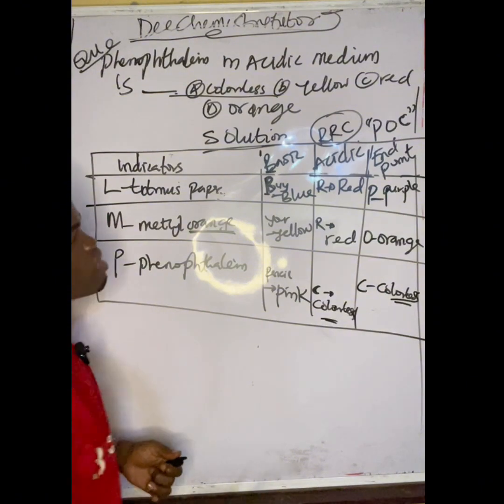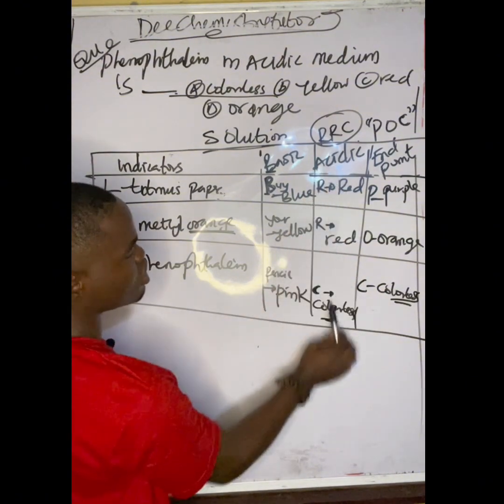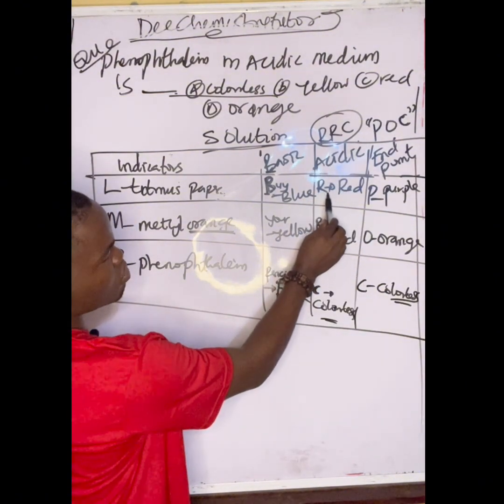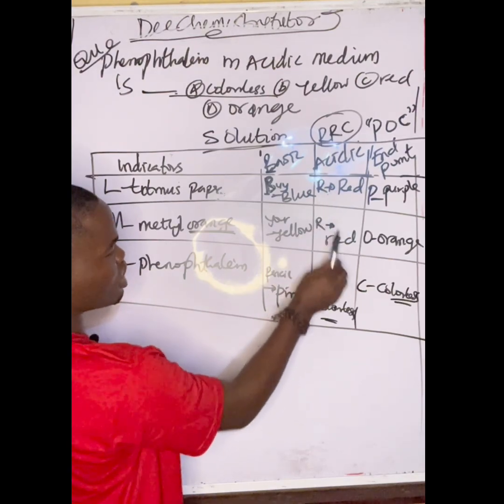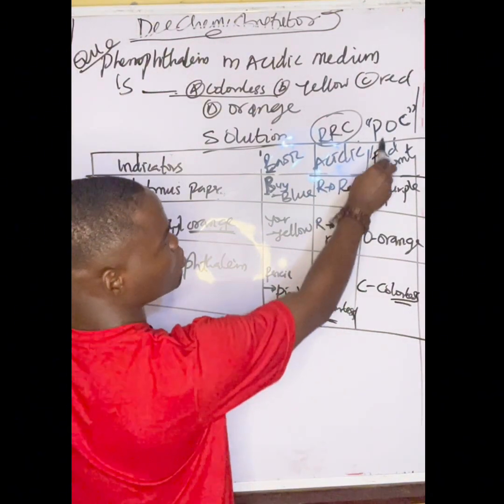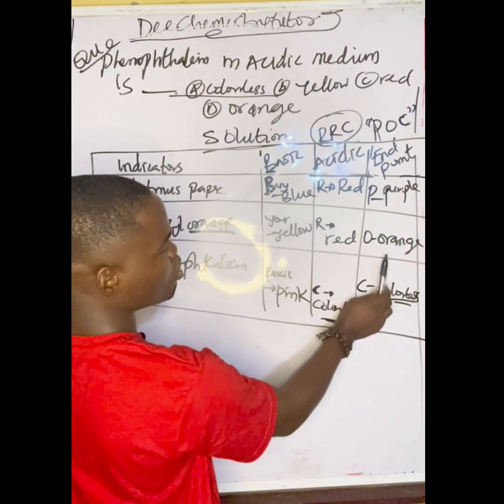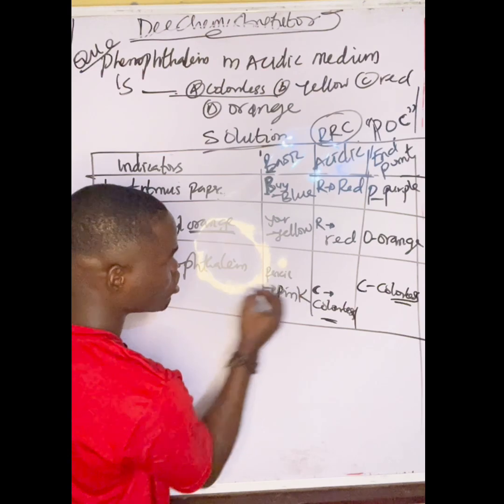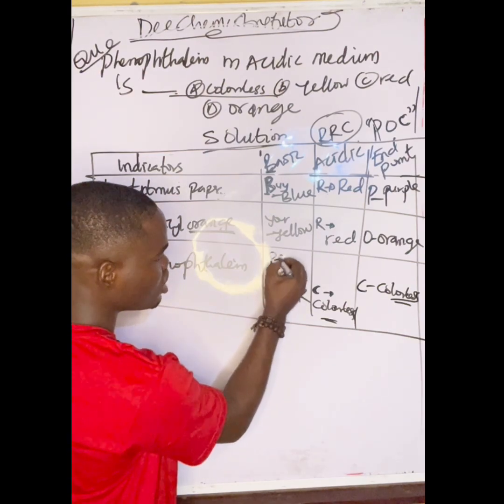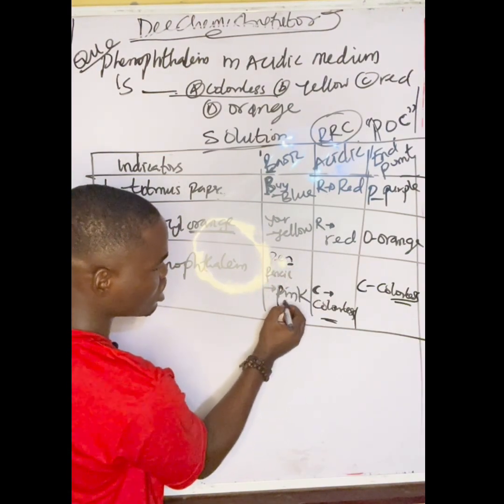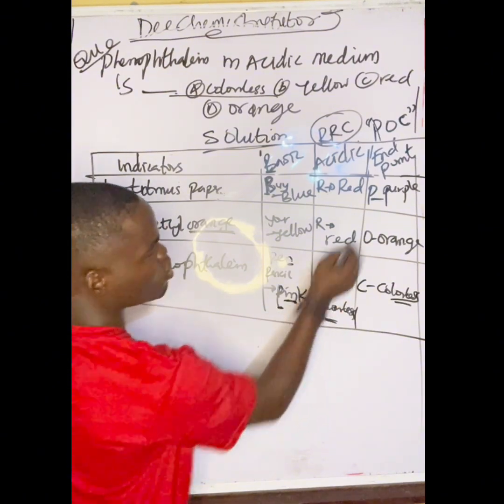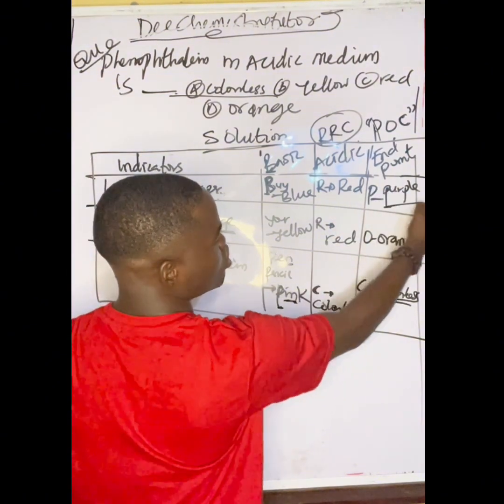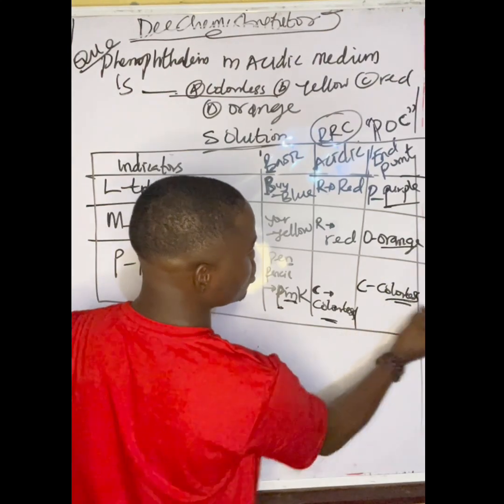If it is acidic medium, RRC: red, red, colorless. At the end point, POC: purple, orange, colorless. So I want you to take note of this pencil. Pencil, P-E-N, pink, N is there, P. So here is purple, then orange, colorless.